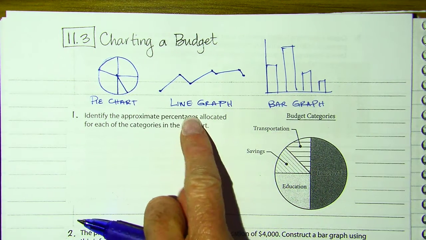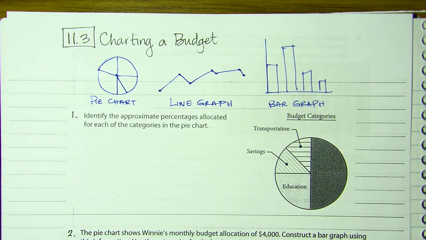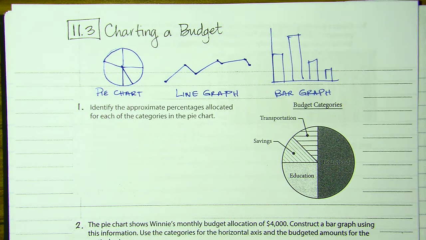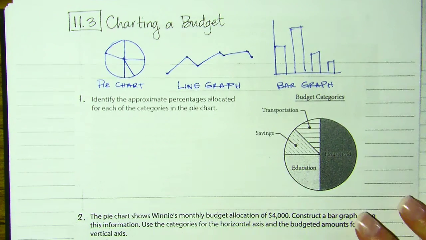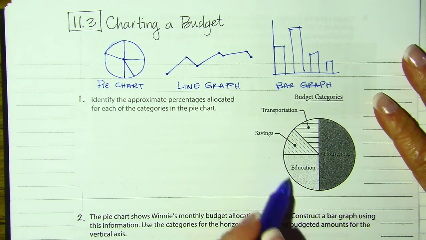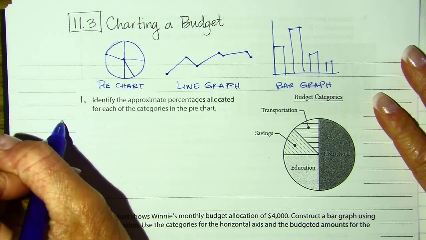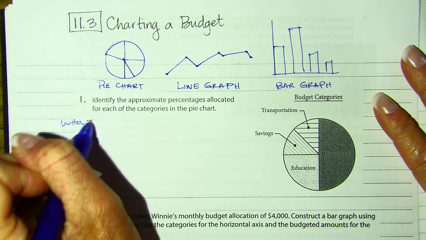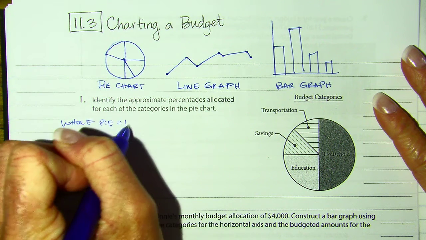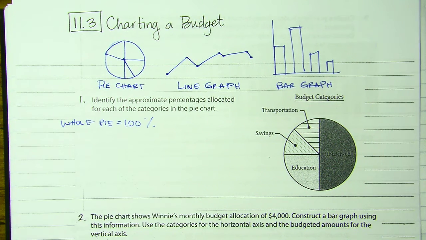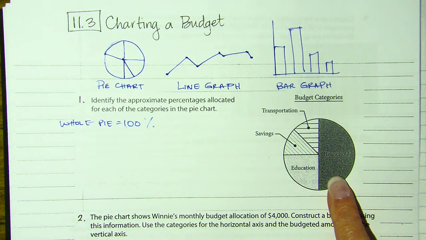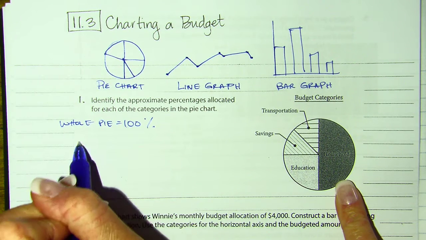in your book. So number one, it wants us to identify the approximate percentages allocated for each of the categories in the pie chart. So I know that this pie represents 100%, right? The whole pie equals 100%. So if you'll notice, household is half the pie.